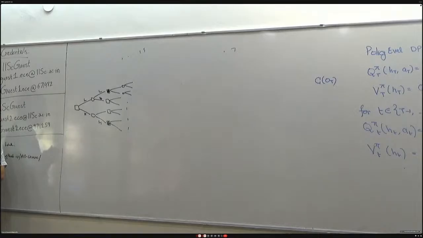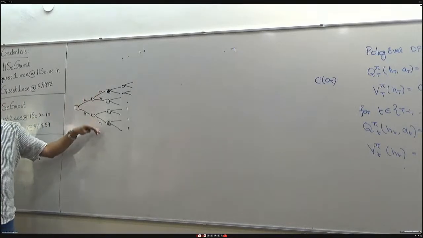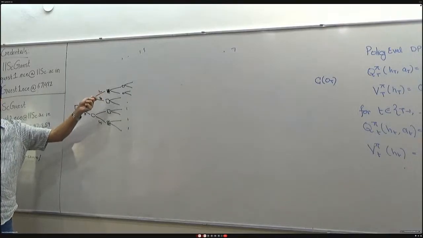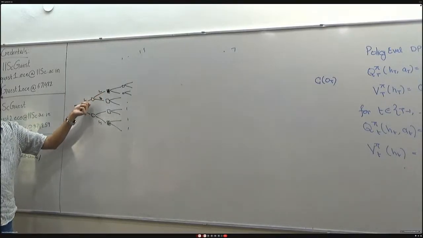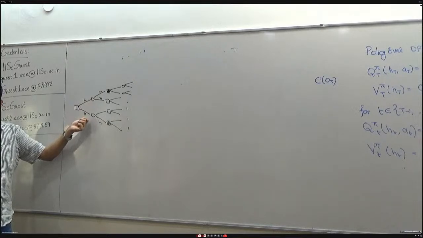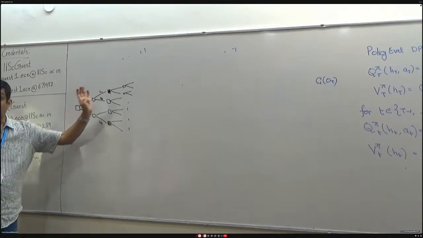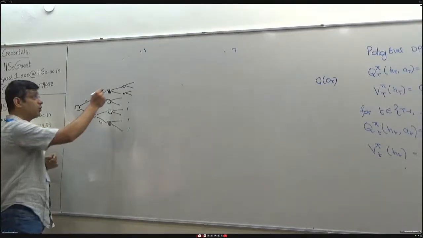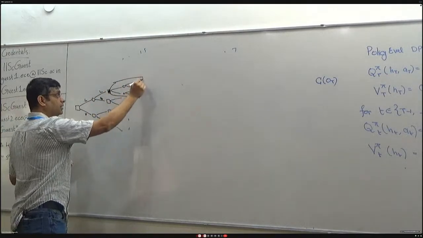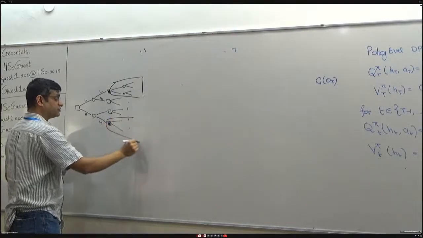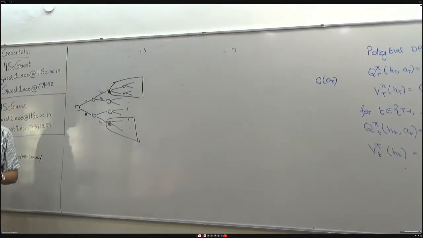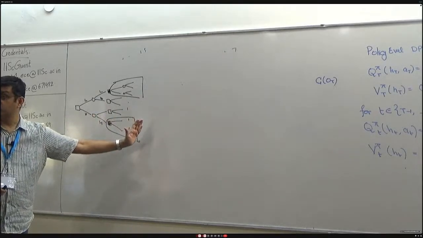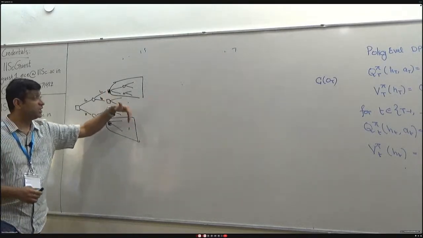Okay? I have followed different trajectories to reach here. The cost that I have incurred in the past is different, because here I ordered low amount of goods, here I ordered high amount of goods. But what is happening in the future is the same in both these cases, right? So when I look at this subtree, that is exactly same as this subtree, in the sense of the costs that I will incur in the future for every trajectory is the same in both these trees.